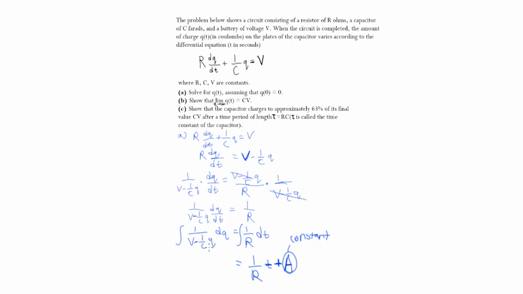And then we have to perform a u substitution over here. So u is equal to V minus 1/C times Q, and then du, the derivative of that, because we're taking this in terms of Q, V is treated like a constant, so that's just 0, and then negative 1/C dQ, because 1/C is also just a constant.